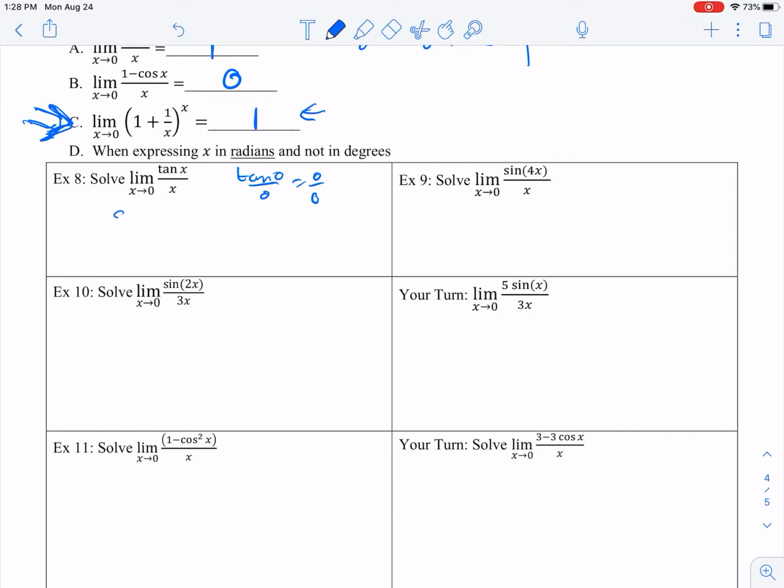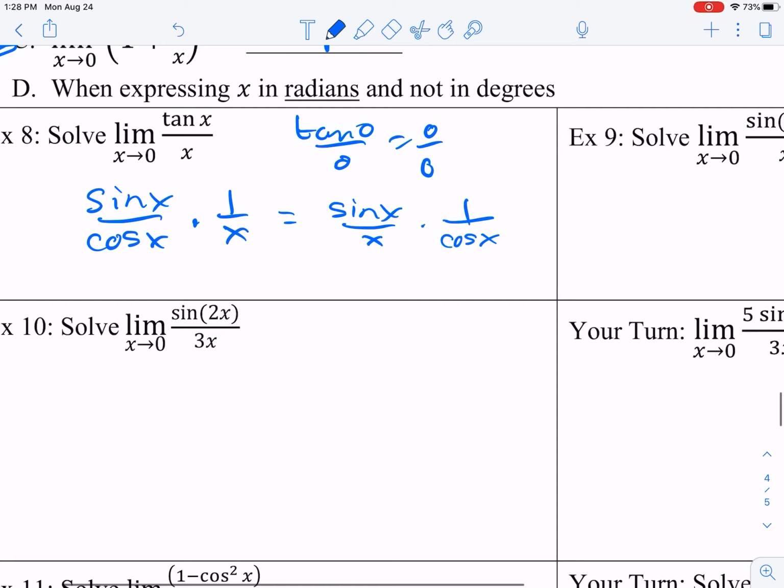The tangent is the sine of x over the cosine of x, all divided by x over 1, so that's times 1 over x. I'm going to rewrite this problem as the sine of x over x times 1 over the cosine of x. That's just an algebra manipulation, because you're multiplying fractions. If I multiply those, I get the same answer.